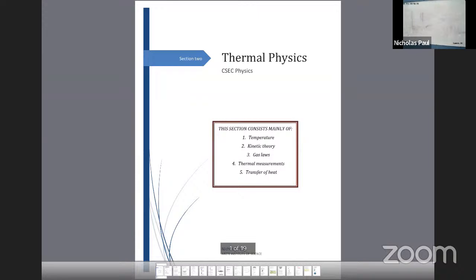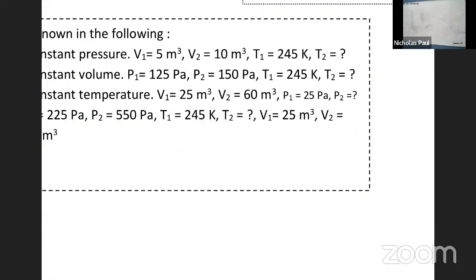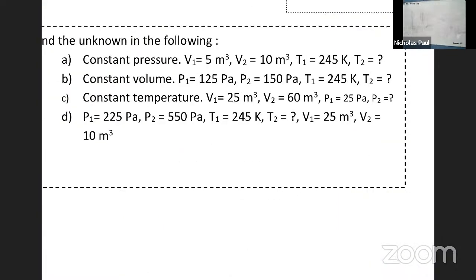All right. So now let's check out your first one here. Just doing A for you. As I said, constant pressure means we're using Charles' law. V1/T1 is equal to V2/T2. The first volume is 5, the first temperature is 245. Is the temperature in Kelvin? Right, so you're good to go. You don't have to do any changing.